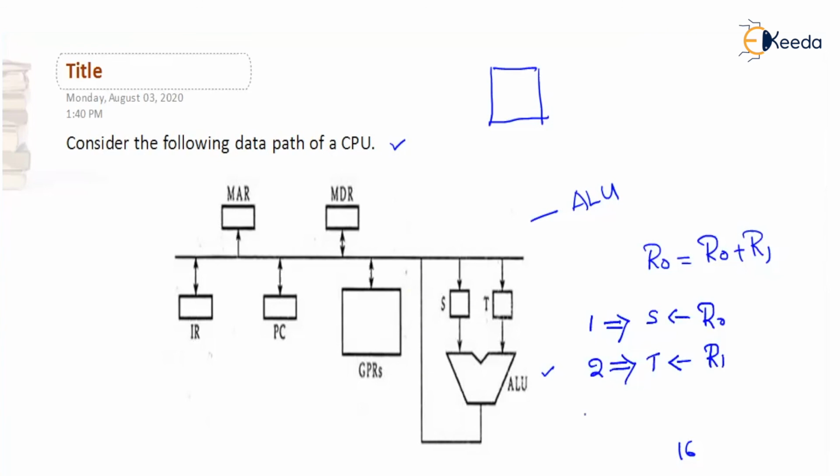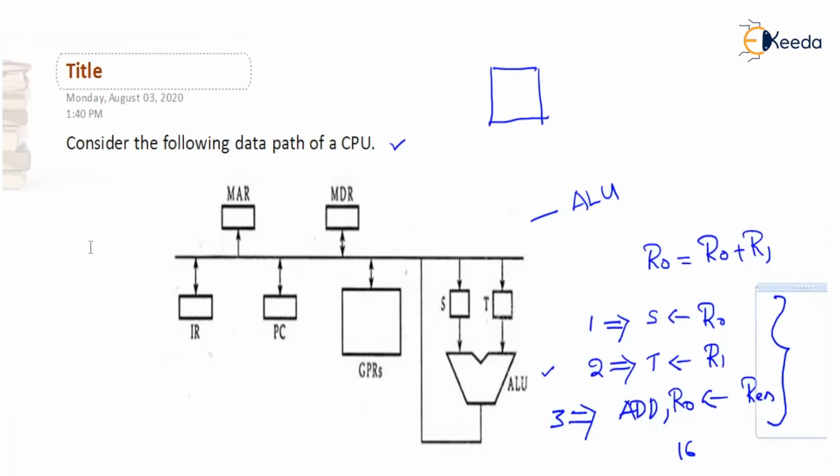That is the third clock cycle we will require, for addition and transferring the result to R0. So the total number of clock cycles required to execute this instruction is 3.